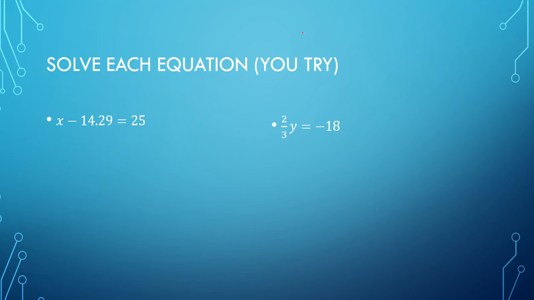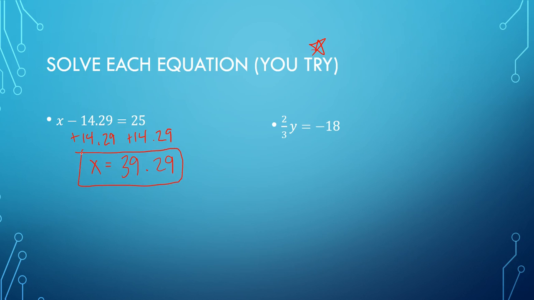Alright, I want you to pause the video and try these 2 problems here. Alright, so hopefully you added 14.29 to both sides of this equation. And then 25 plus 14.29 is 39.29. So x is 39.29.